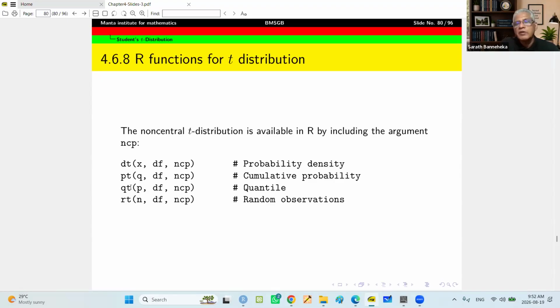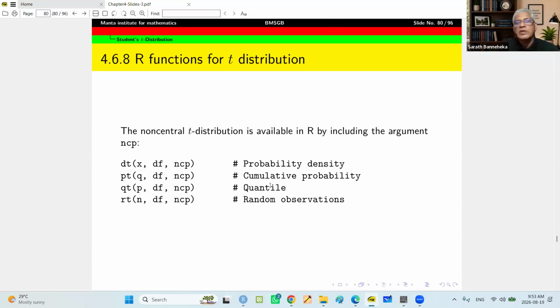For example, if you want to calculate something called the power of a statistical test of hypothesis, especially when you are testing about the mean or the variance. We have some standard tests. When you are dealing with a statistical test, we talk about the power of the test. And when you are calculating the power of this test, these non-central distributions are very, very useful.